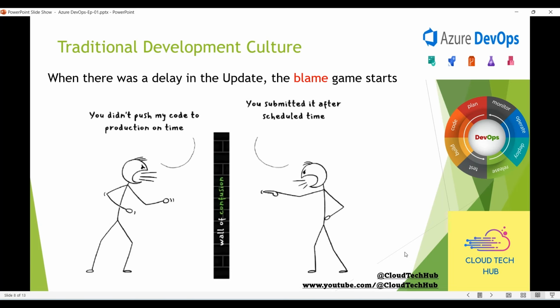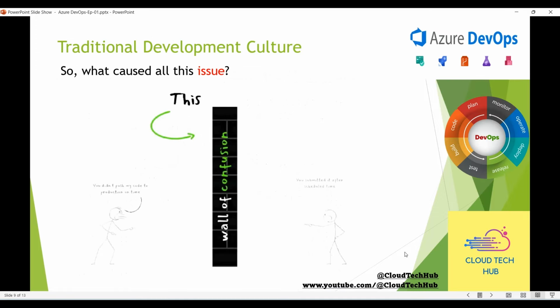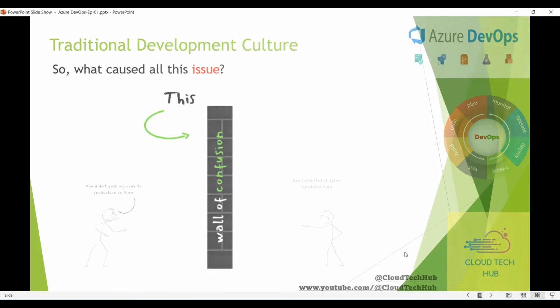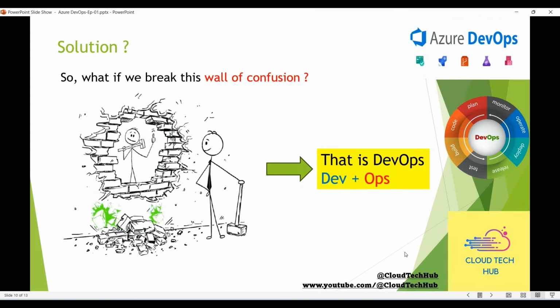On the other hand, the operations team often says that the update was sent after the scheduled time. So what is the issue? The issue is the wall of confusion, because both teams work on opposite sides of the wall. So what is the solution? The solution is that we have to break this wall of confusion, and that is DevOps.